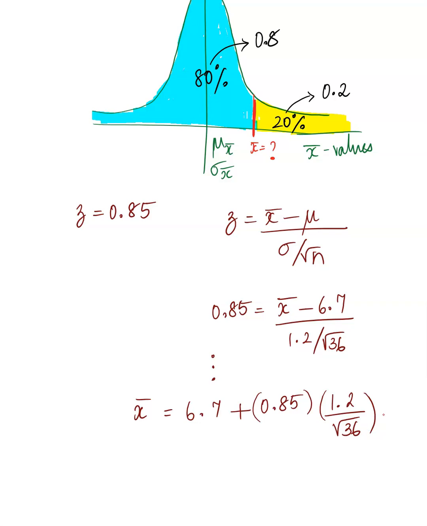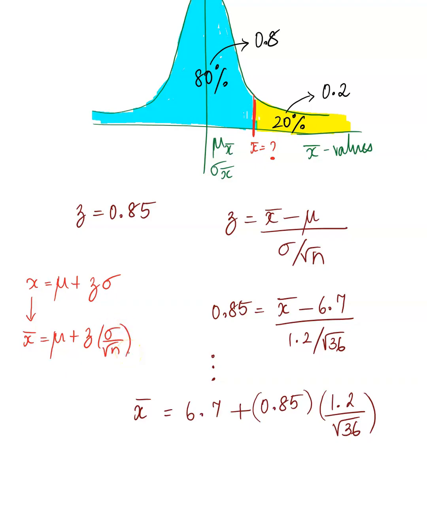Now, when we had the regular normal distribution, this is under the CLT, but the regular normal distribution allowed us to go ahead and do this as x would be mu plus z sigma, right? This was when it was x, but now that x is replaced with x bar, it will be mu plus z times sigma over root n.